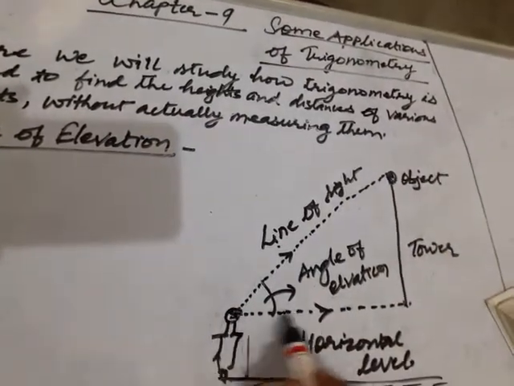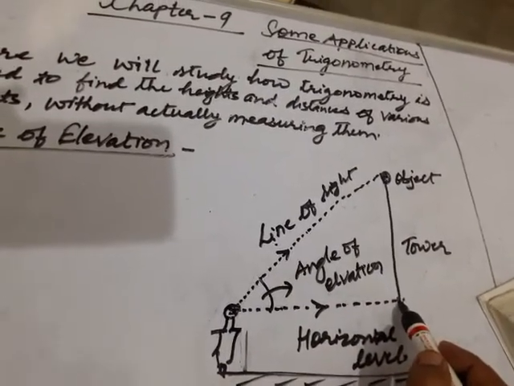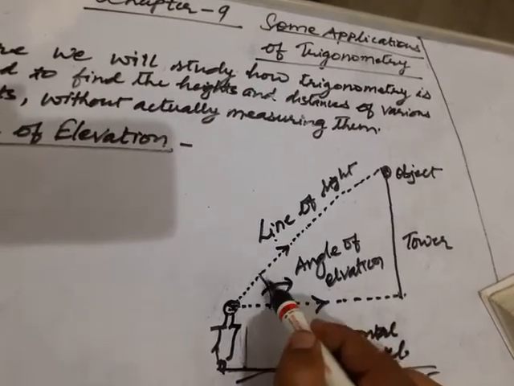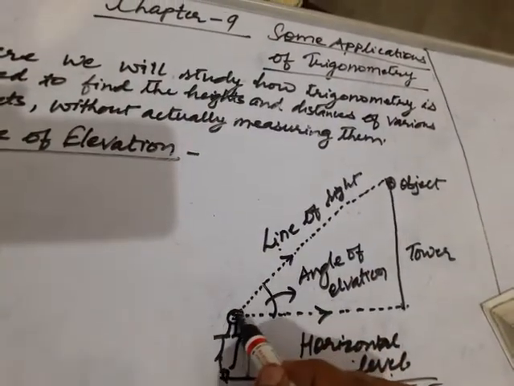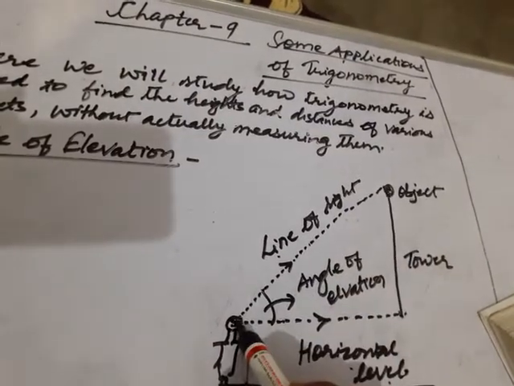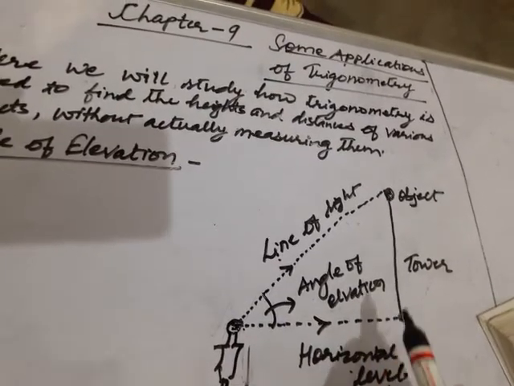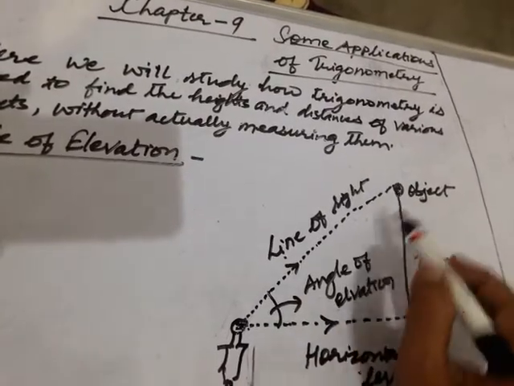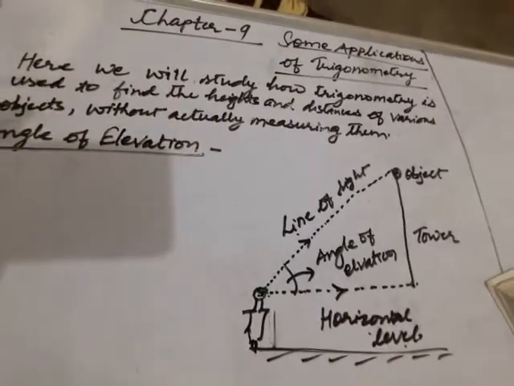And at the horizontal level of the eye, one ray goes to the foot of the tower, that is called the horizontal level. When the object is kept above the observer's eye, then the angle of elevation is formed between the line of sight and the horizontal. This angle is called the angle of elevation.